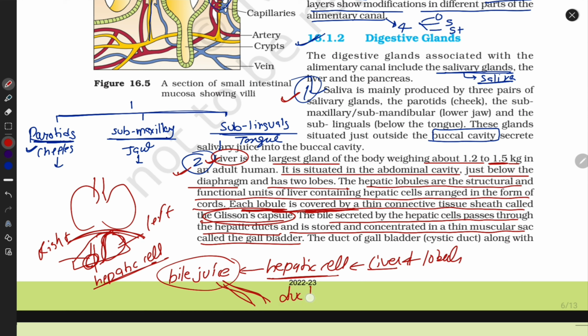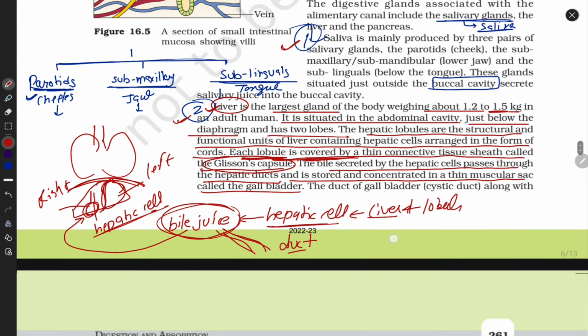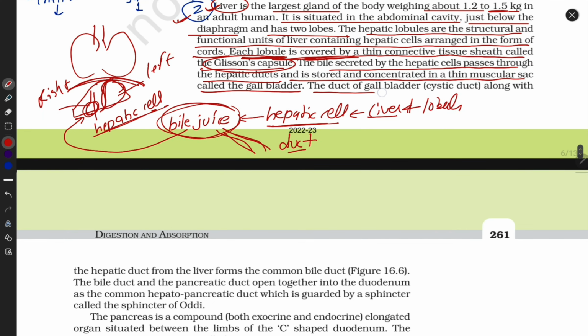Now this bile juice passes with the help of a duct. The name of the duct is the hepatic duct. And where is this bile juice stored? It is stored in the gallbladder. The duct of the gallbladder is called the cystic duct, and along with the hepatic duct from the liver it forms the common bile duct.